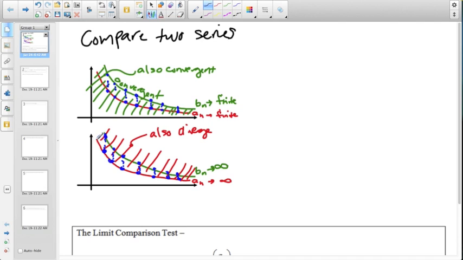And if we have a divergent series, A sub n, then anything bigger must also diverge, and in fact reach infinity quicker.